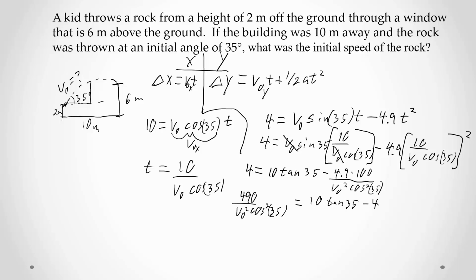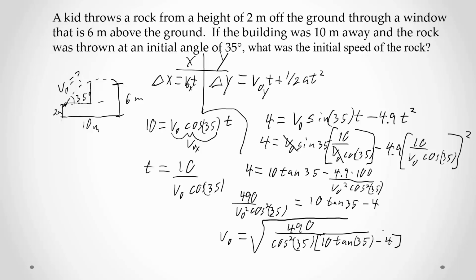And then if I multiply the v naught over there and divide this over, do algebra, you'll end up with this expression: the square root of 490 all over cosine squared 35 times the quantity 10 times tangent 35 minus 4.